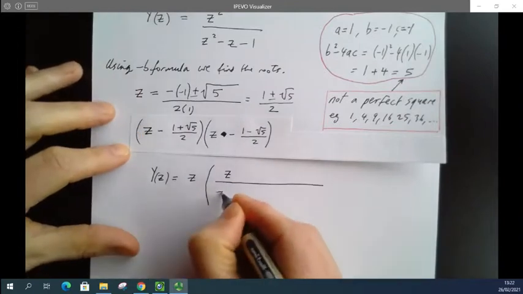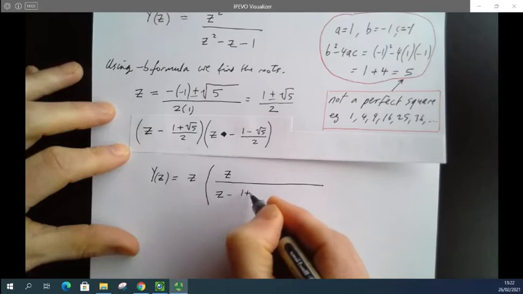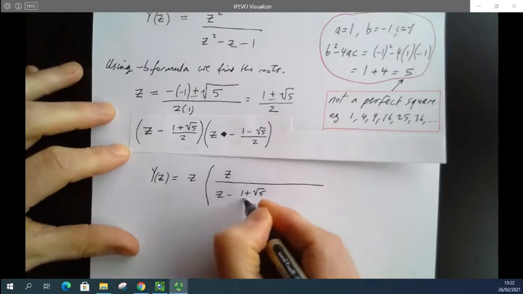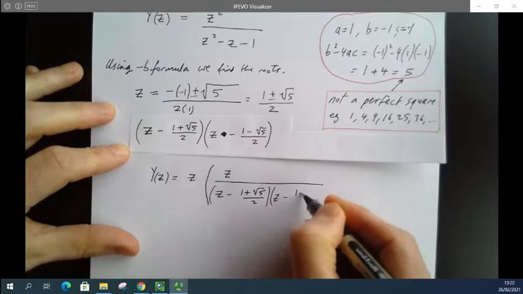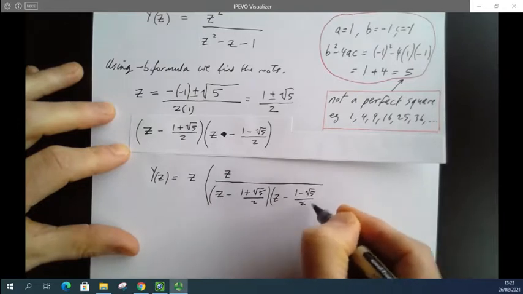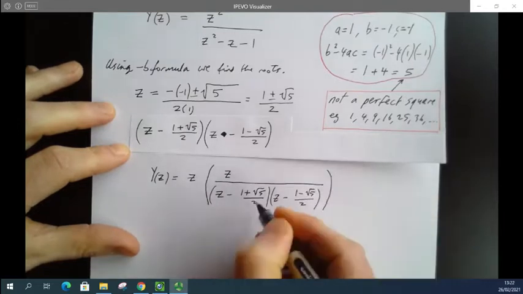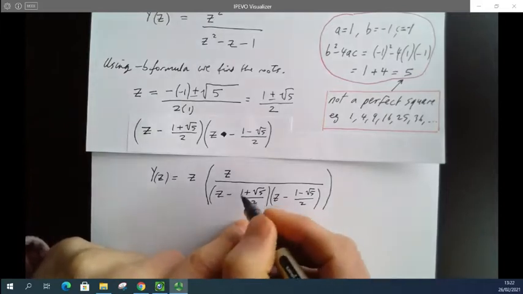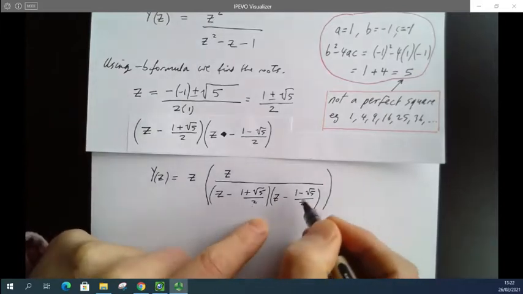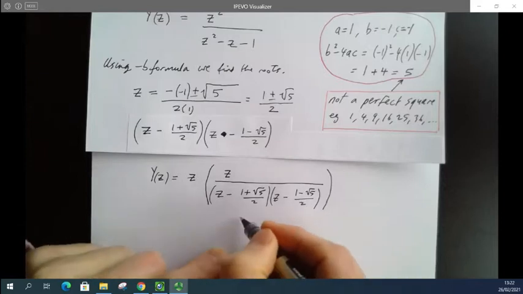And on the bottom now I have z minus the first root and z minus the next root. Now you could write these as a decimal and it would be fine. It's just a number. So it's just z minus some number, z minus some other number. These are distinct linear factors. So it's case 1.